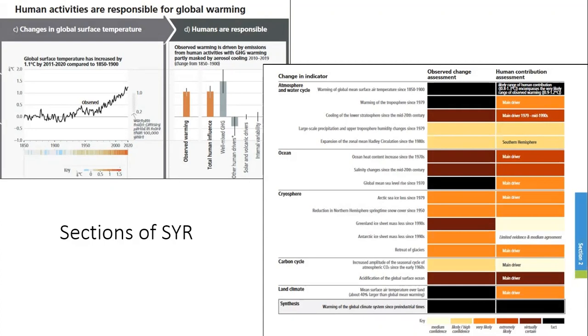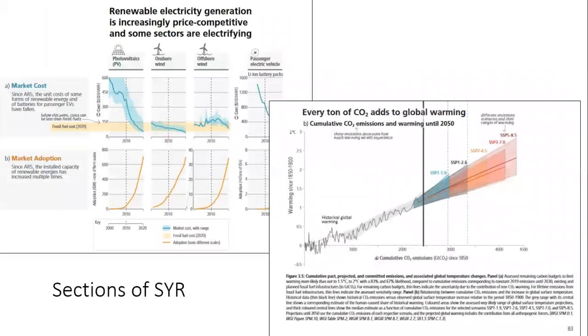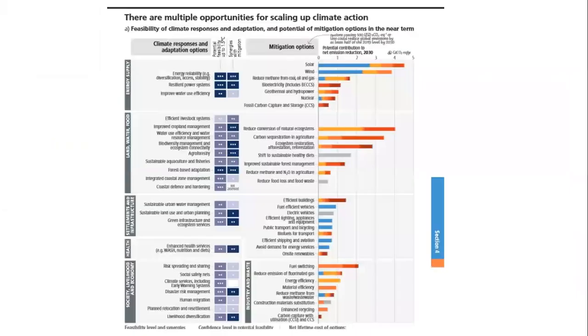And the observed change and the human contribution assessment are both black, which means it's a fact that human beings were the main cause behind that event. And with decreasing color intensity, the role of human beings also decreases. So you have these data, you have data about how every ton of CO2 adds to global warming.